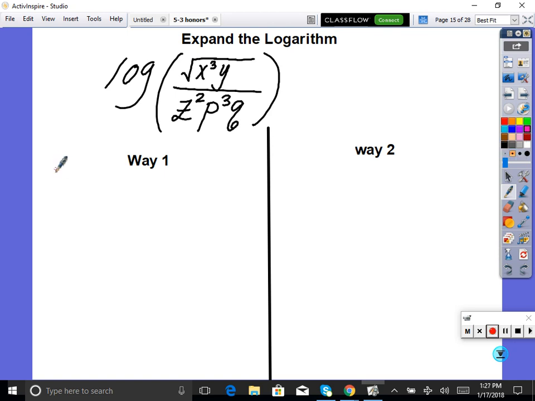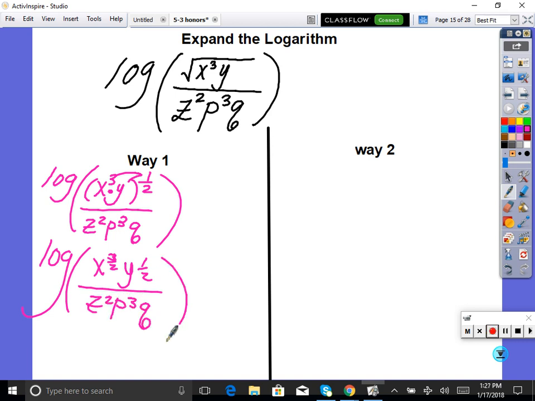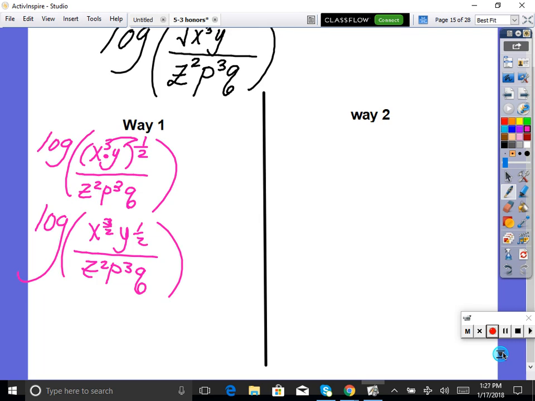We could have said, okay, I like to first rewrite any radicals as rational exponents. So we have this x cubed y, and that's raised to the 1/2 power, divided by z squared p cubed q. And then because it's a multiplication sign, it's not breaking the forbidden rule to raise those to the 1/2. So we're looking at this log of x to the 3/2, right? y to the 1/2, divided by that. So now I could do my last step, which is split this apart.